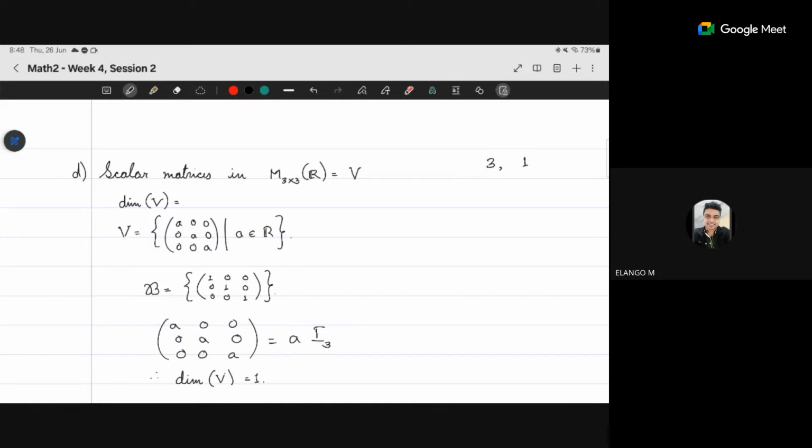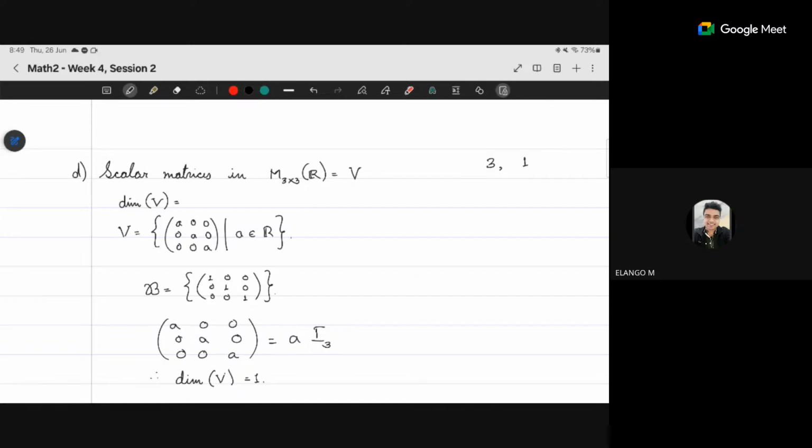It will actually be 3. And a particular basis for that would just be 1 in the 1-1 entry, 1 in the 2-2 entry, 1 in the 3-3 entry. So whatever we had called Eij earlier, it's just E11, E22, E33. All off diagonal entries are always 0 for diagonal matrices, and the diagonal entries are allowed to be different.